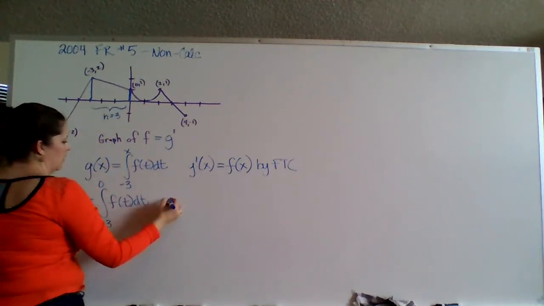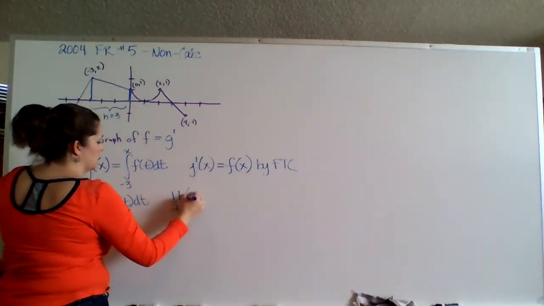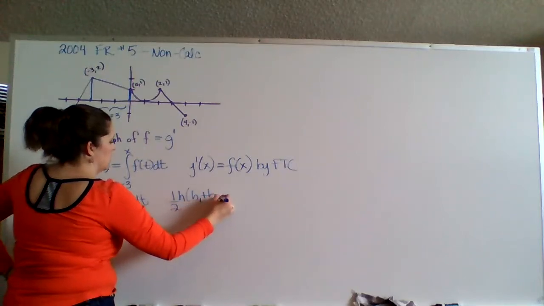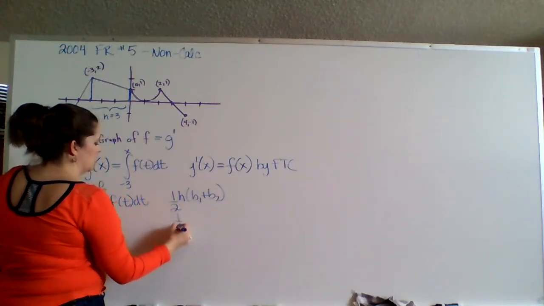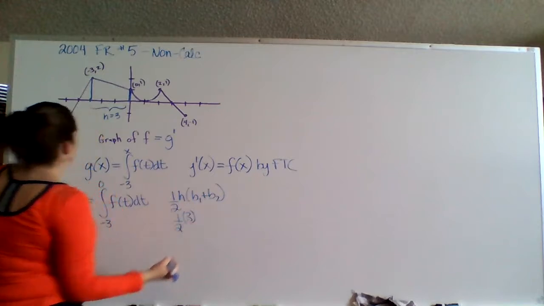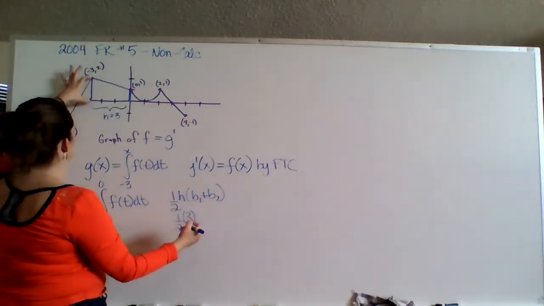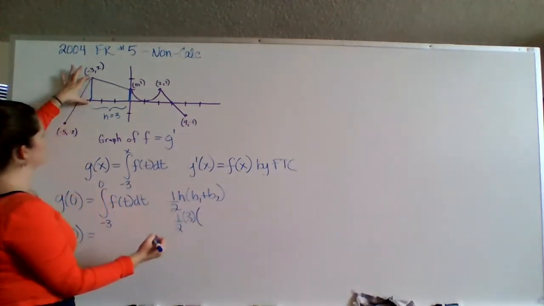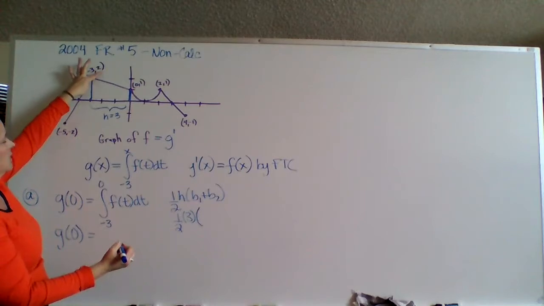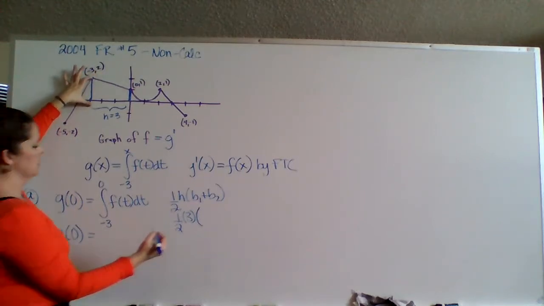So I would think, oh, it's 1/2 the height times the sum of the bases, calculating the area of a trapezoid. It's above the x-axis, so I'm going to accumulate a positive answer. 1/2 times 3. This base is 2 tall. Be a little cautious and not accidentally use the x value. It's the y value, how tall that base is, which is 2.